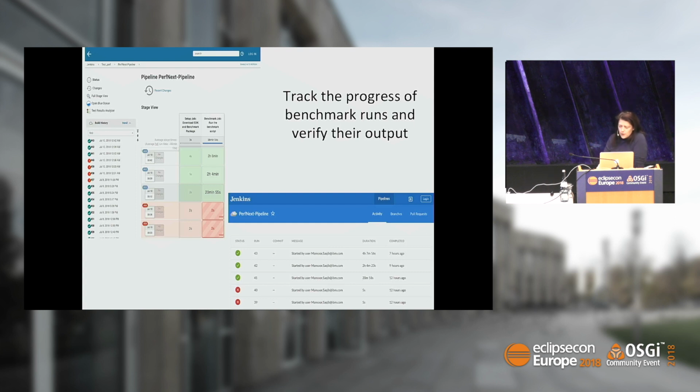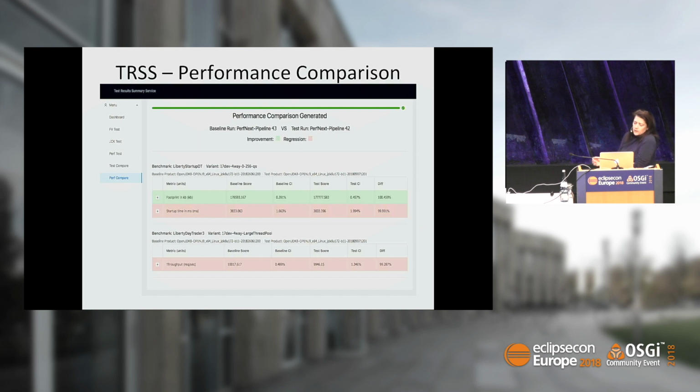So we have that view, but what if I also want a little bit of help understanding the results of the actual benchmark? Well, in the results summary service, we have a comparison view, and you can think of this as kind of an executive summary.